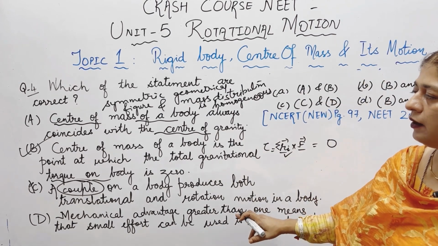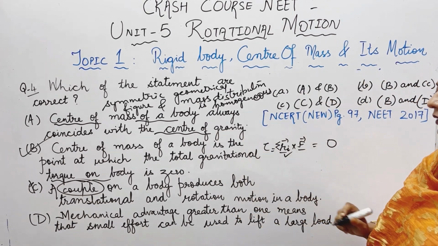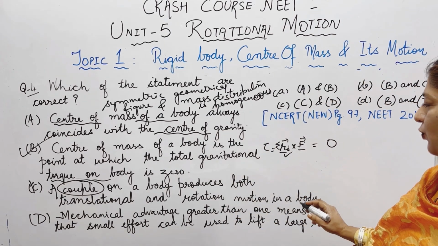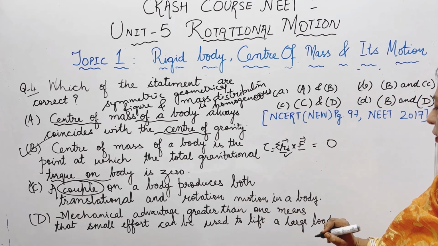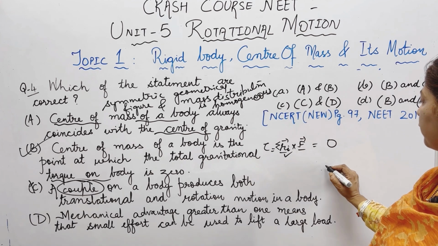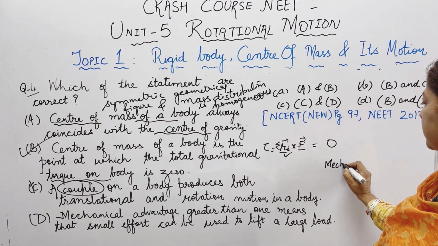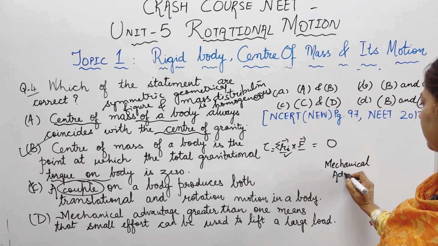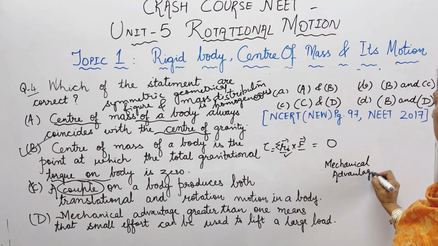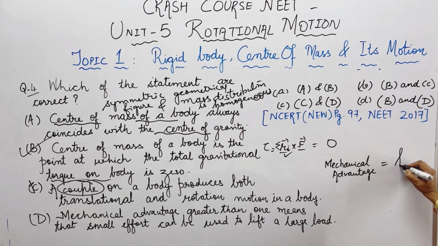Now let us see statement D. Mechanical advantage greater than 1 means the small effort can be used to lift a large load. So first we will see what mechanical advantage is equal to. Mechanical advantage is the ratio of load over effort.